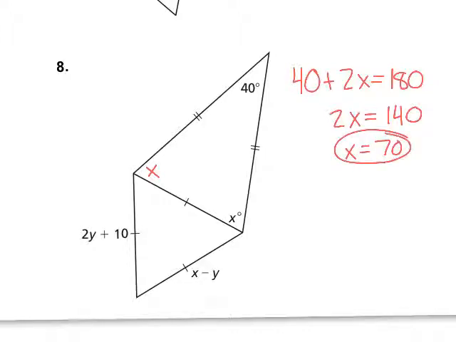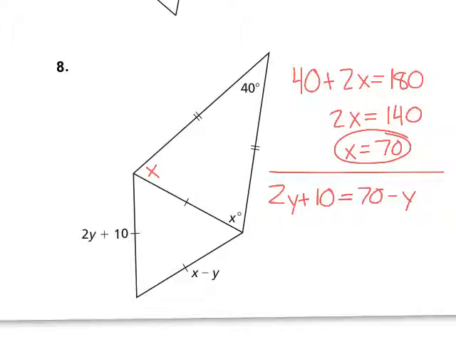Okay? All right, the bottom triangle is what kind of triangle? Equilateral. It tells me that all of those are congruent. So that means that 2y plus 10 has to be equal to x minus y. And we know x is 70. So we go ahead and plug that in, 70 minus y. Okay, so now I can go ahead and solve for y.